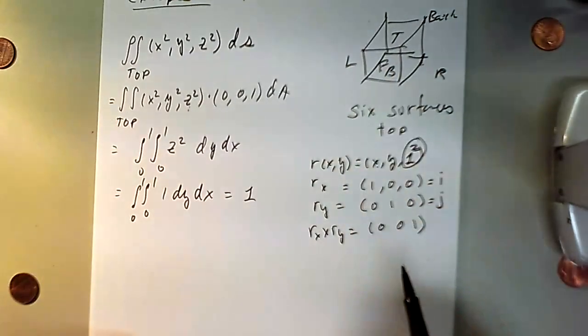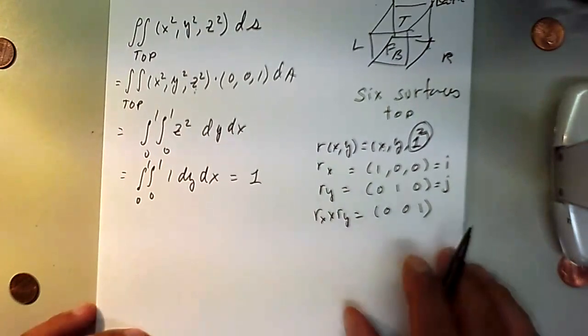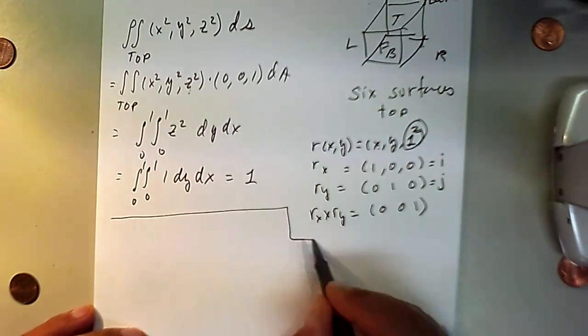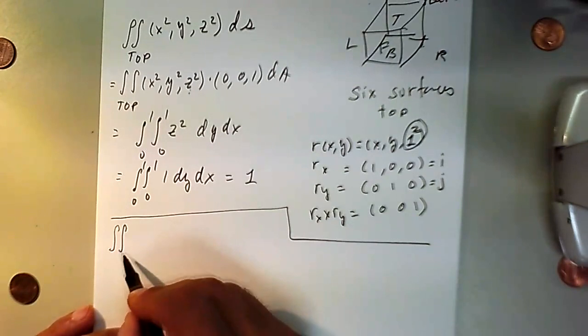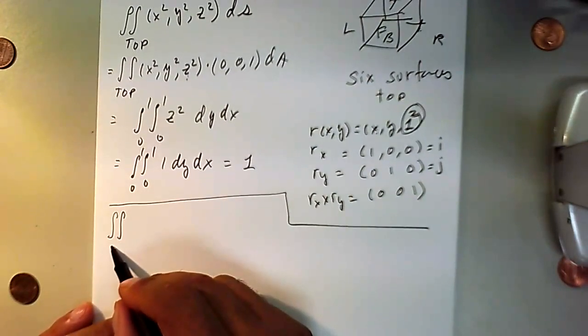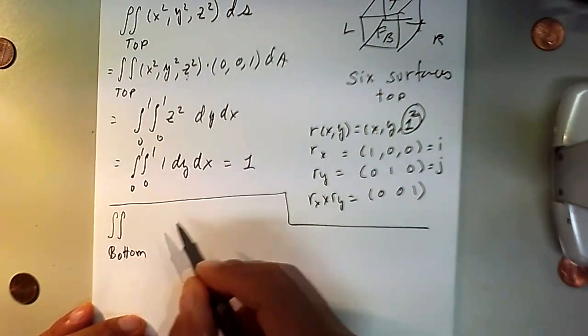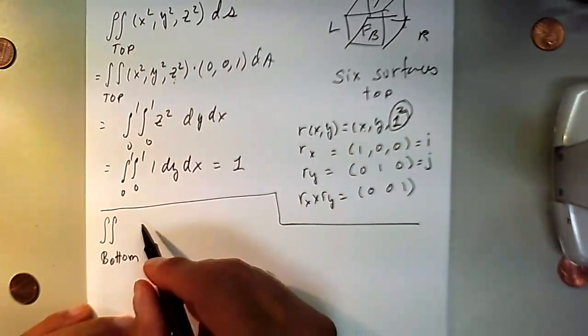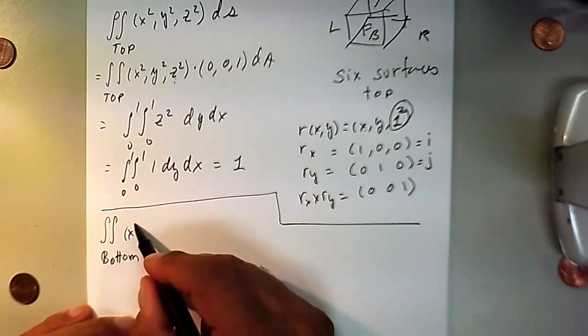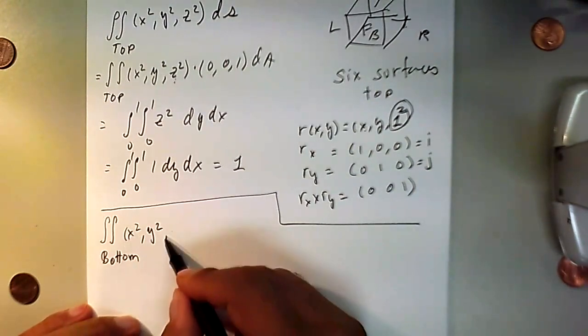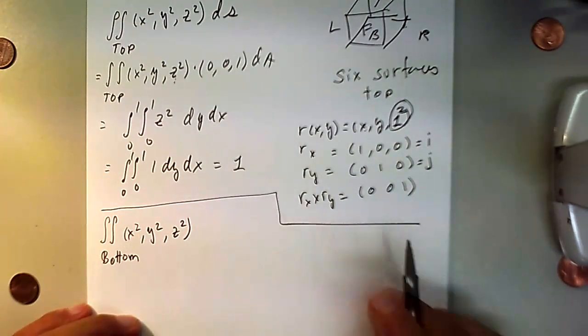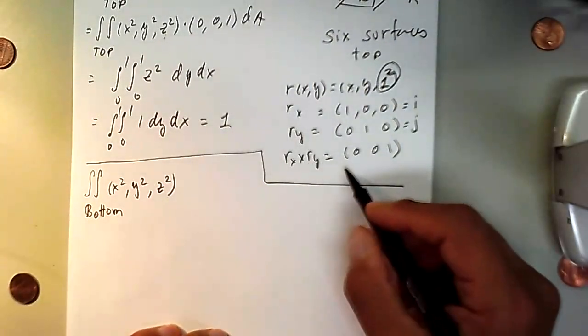All right, what about the bottom? So we want now the surface integral over the bottom of this unit cube of x squared, y squared, z squared with respect to the surface. That means we need to parameterize the bottom.